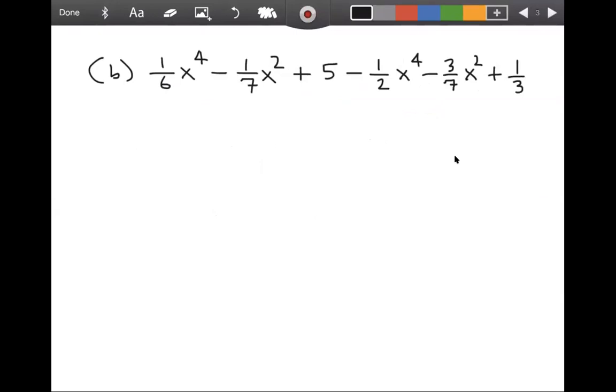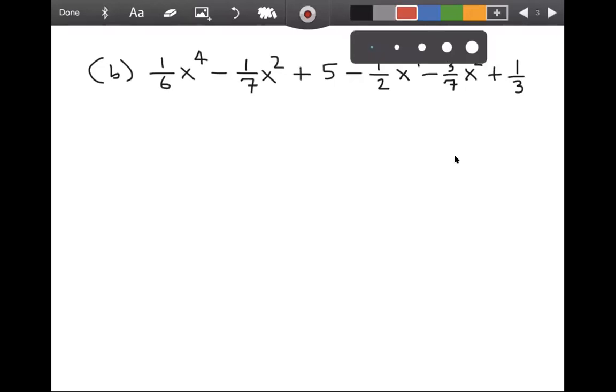Okay, now we come to this thing. All right, don't panic. 1/6 x to the fourth minus 1/7 x squared plus 5 minus 1/2 x to the fourth minus 3/7 x squared plus 1/3. So I see three pairs of like terms.